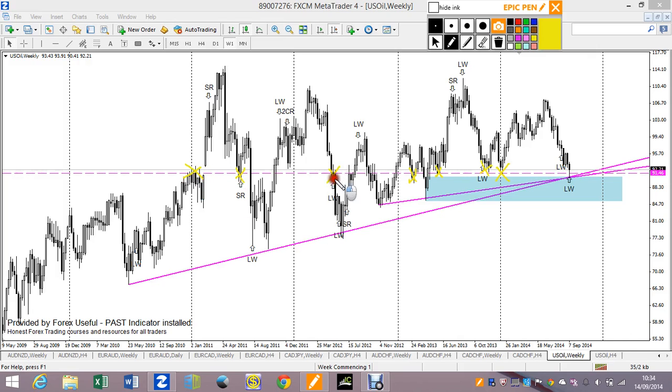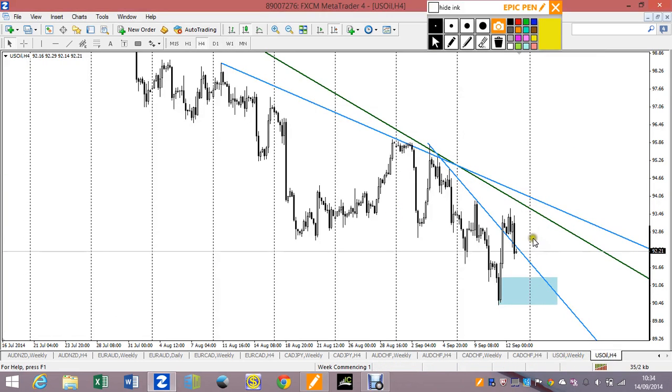It's been really important in the past. 91.46, so 92 basically is clearly a significant level for oil. The one thing I would say is I've never traded US oil before, so I don't have any experience of how it behaves, so we'll need to learn.